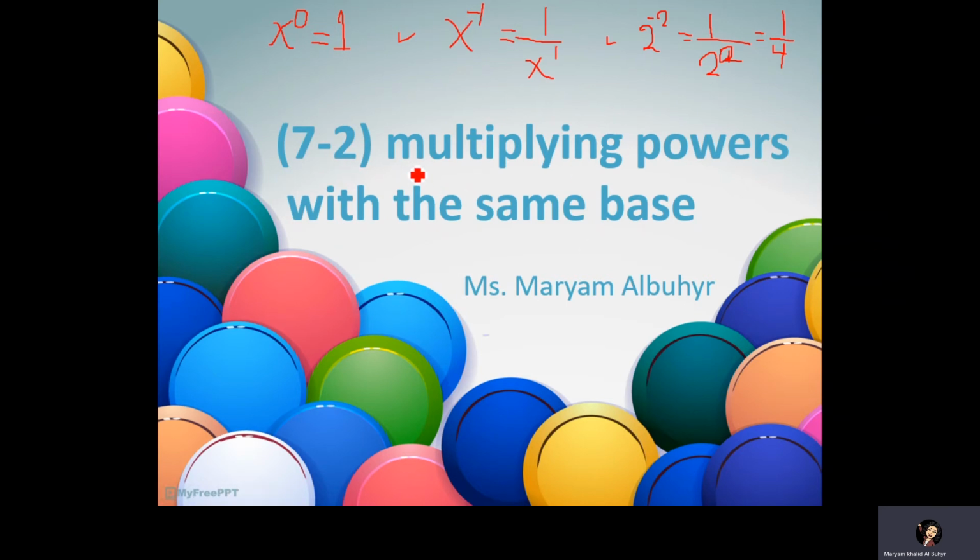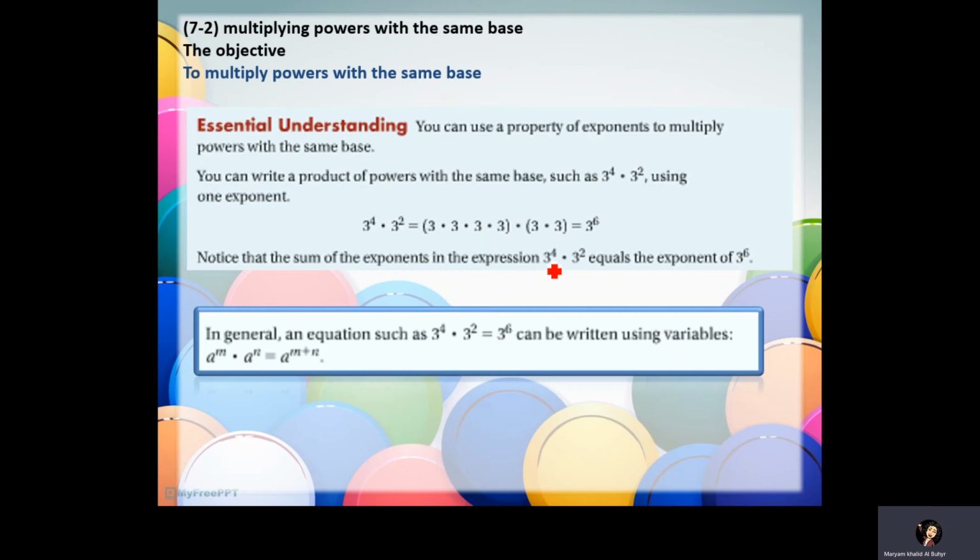Let's start this lesson: multiplying powers with the same base. What is the meaning of that? If you have something like 3 to the power 4 and 3 to the power 2, this 3 and this 3 we call the same base. If we have them like this, we can directly add the powers if we have the same base with multiplication between them.